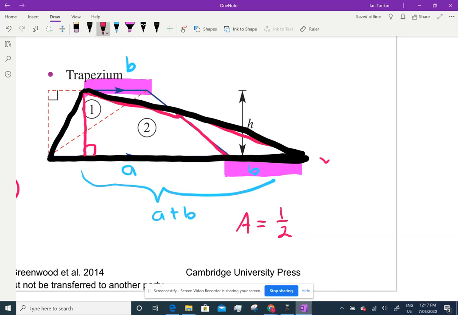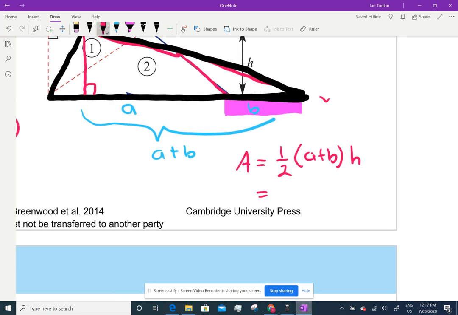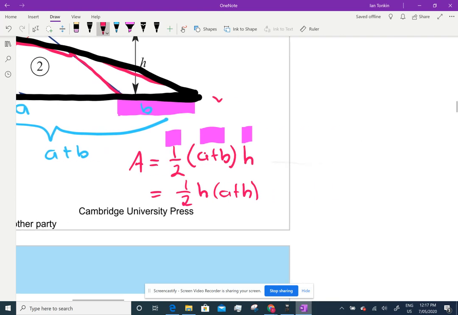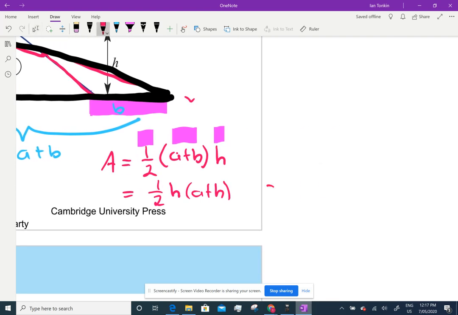Well, the base is A plus B, and the height. It doesn't matter which order we multiply things. So we're just going to write this a bit easier: a half, H, and A plus B, where, and you need to write this in your notes, A and B are the parallel sides.